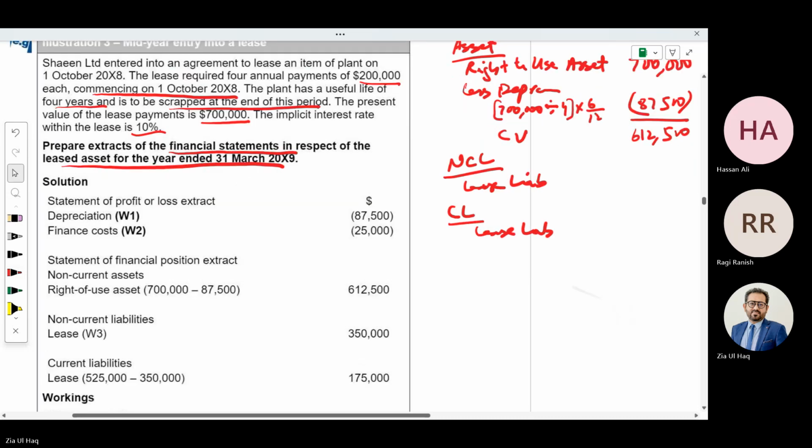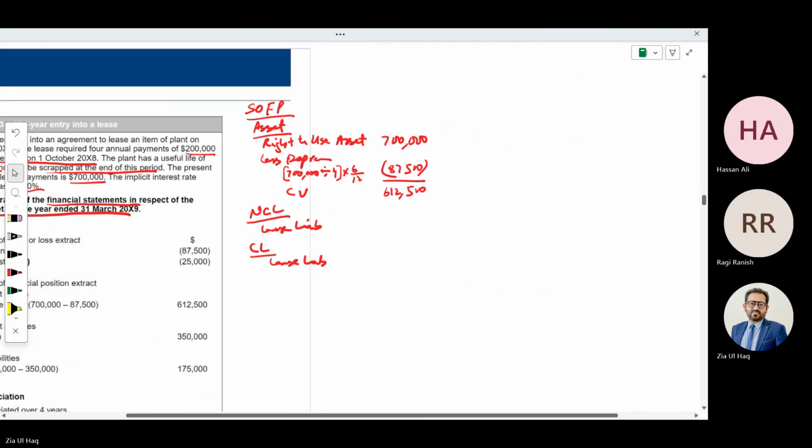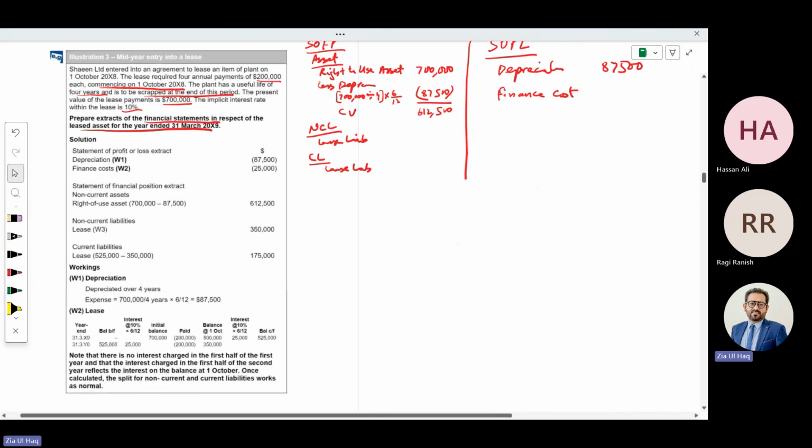And for the statement of profit and loss, we have calculated the depreciation expense. That is 87,500. But we need to calculate what? Finance cost. Okay, let's move towards calculation.